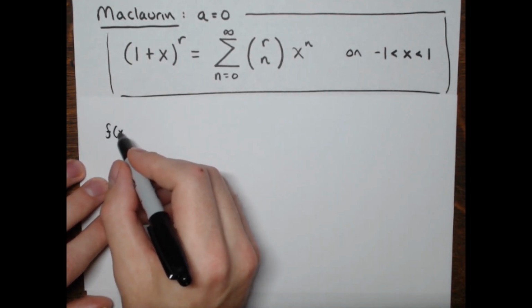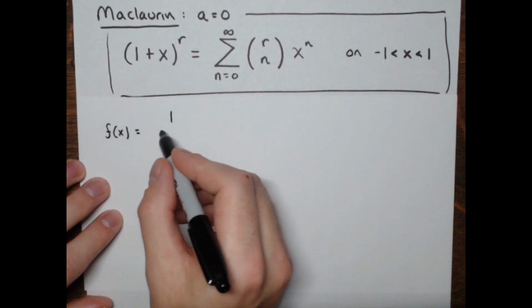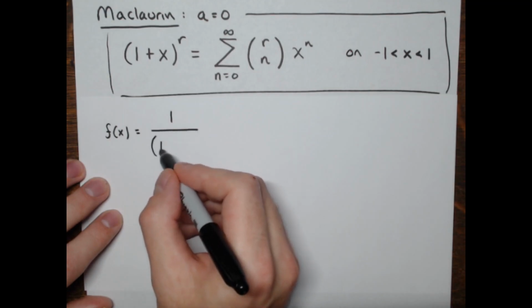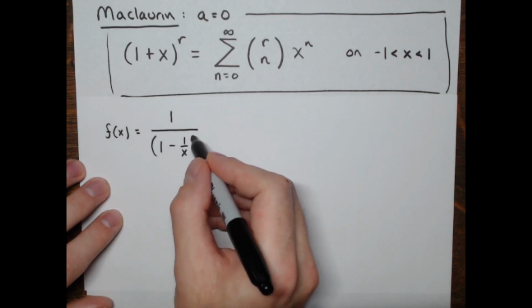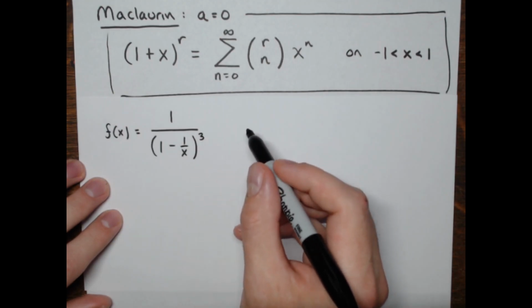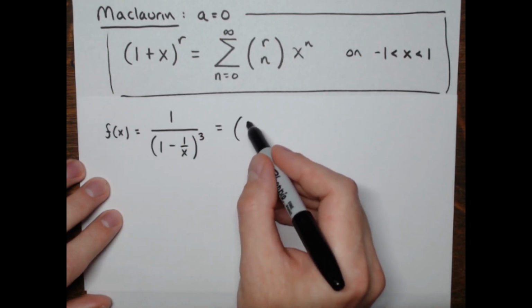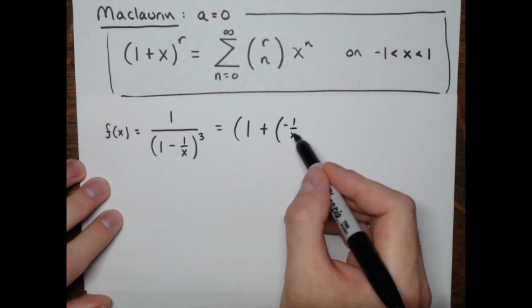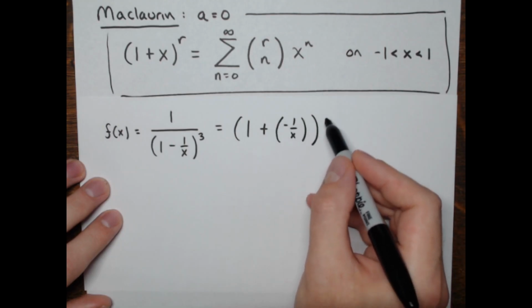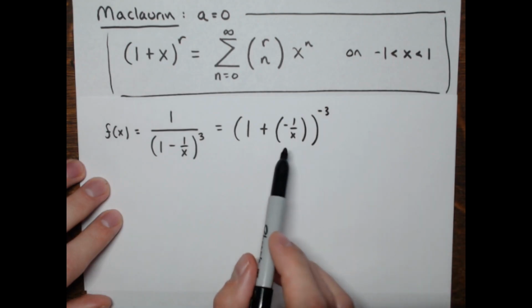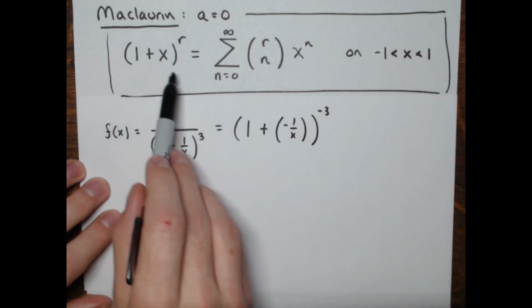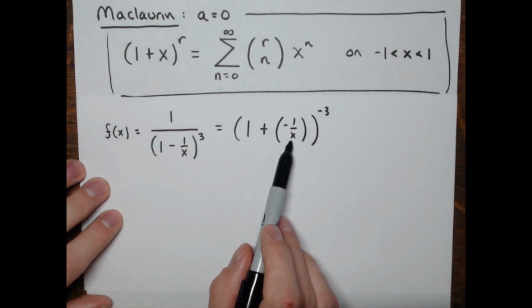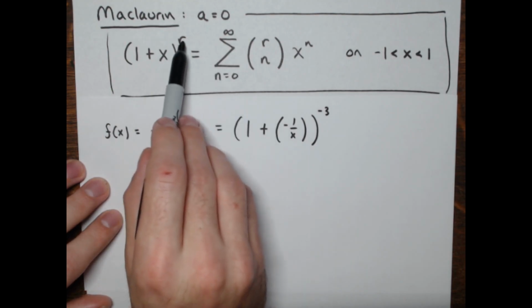Right, so our function is 1 over 1 minus 1 over x cubed, which I can think of as 1 plus negative 1 over x to the negative third.